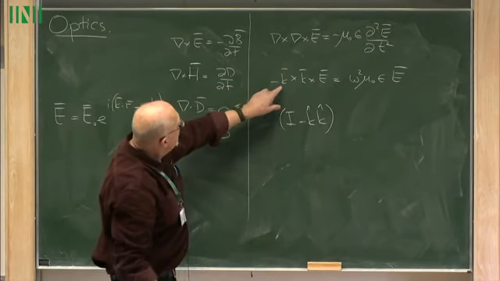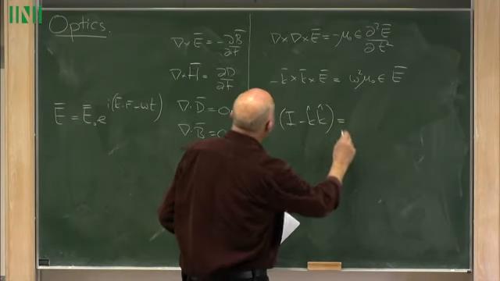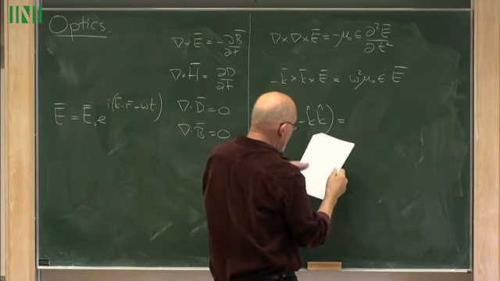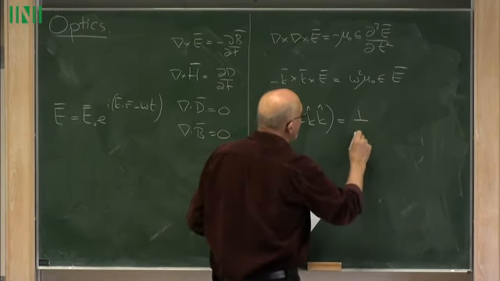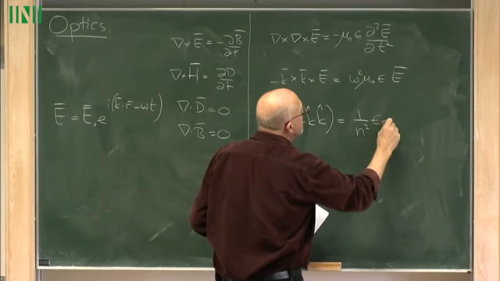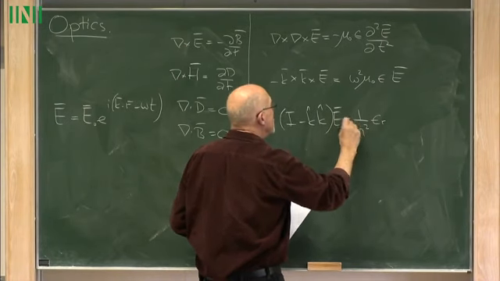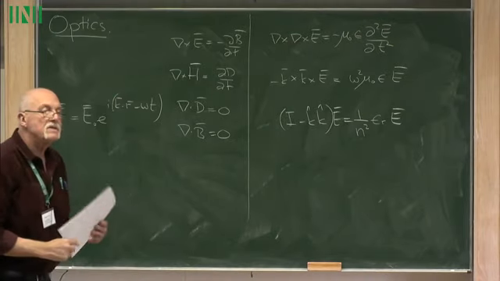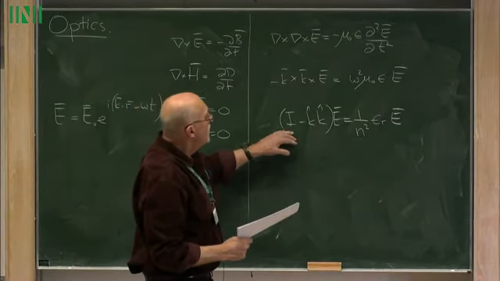I'm going to divide through by the magnitude of k, look at k squared. And then on this side, I will end up with simply 1 over the refractive index squared times epsilon relative times E. So this is just the eigenvalue equation now.